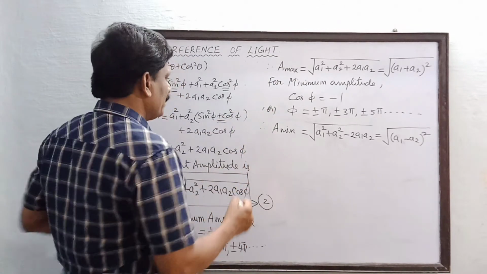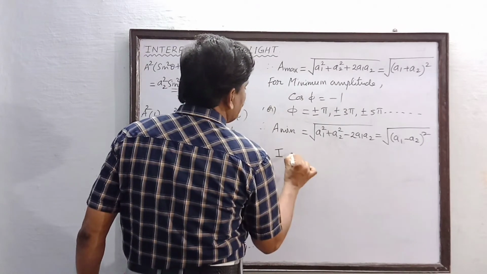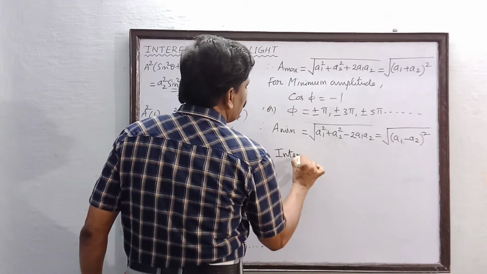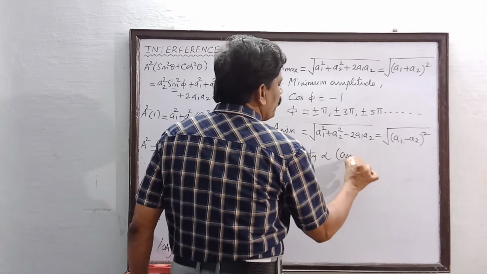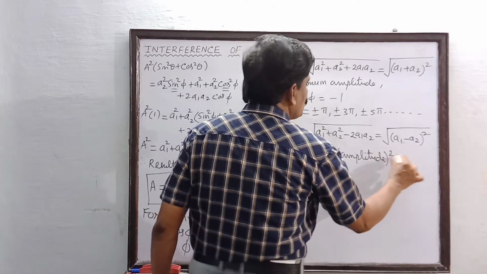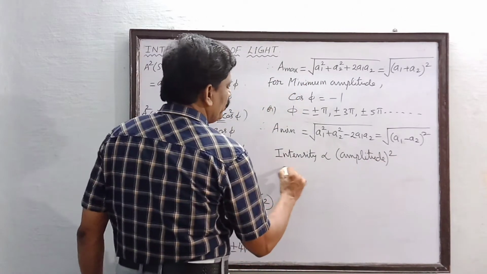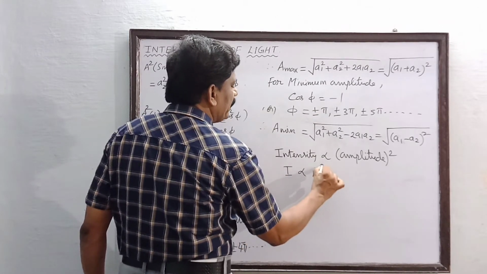Now you see that the intensity is always proportional to the square of the amplitude. So now you can see here I is proportional to A square.